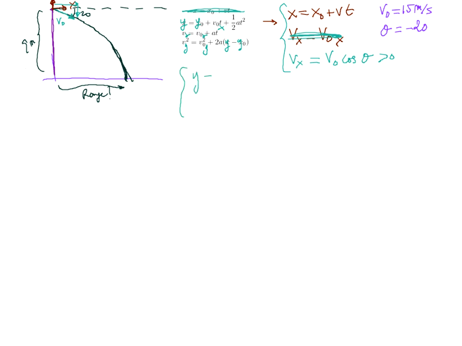Therefore, we have y is equal to y naught plus v naught y t minus 1/2 g t squared. And then vy is equal to v naught y minus gt. And again, g will be positive 9.8. G is always positive 9.8. Always. Excellent.